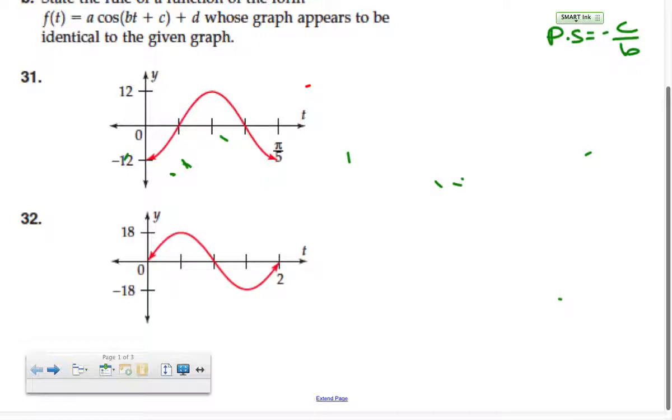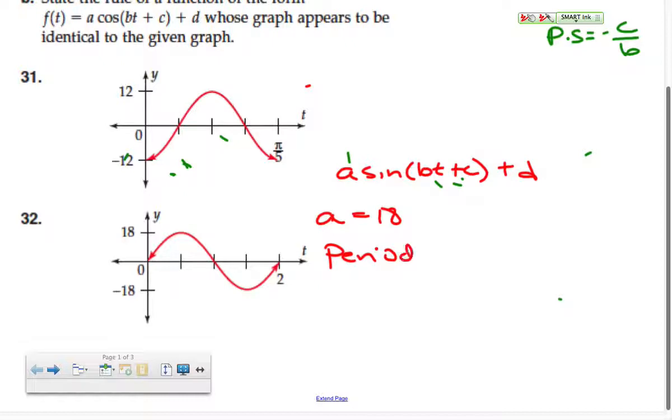That's fairly easy. So the amplitude is 18. We're going to do the sine first: A sine of B t plus C, plus D. The period is 2. So it's not 2 pi, it's 2. This makes it interesting. The period equals 2.